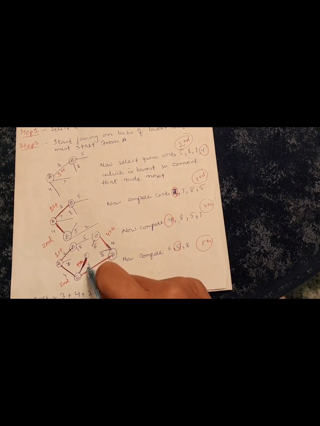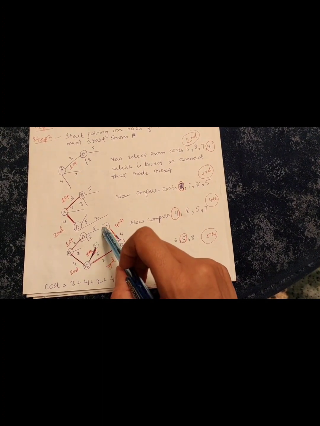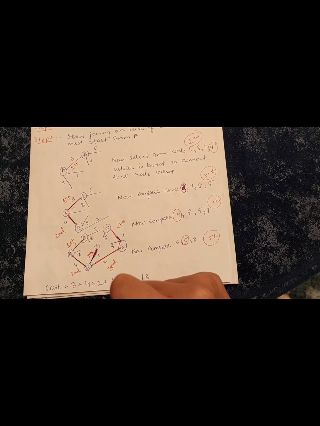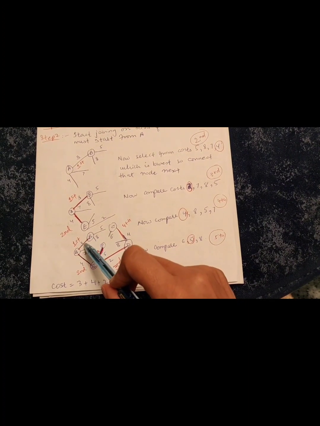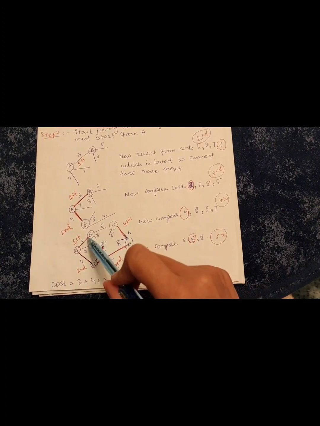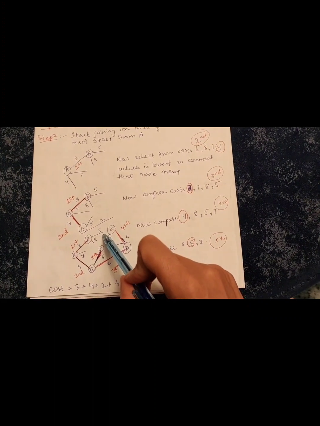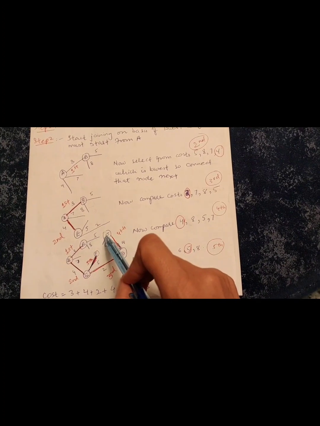Of course you would be thinking, why have we not connected this 5? The answer is that if you connect this 5, you already have this connection, this connection, this connection, and this connection. Of course this is also the same cost as this 5, but then it becomes a cycle, a closed loop.